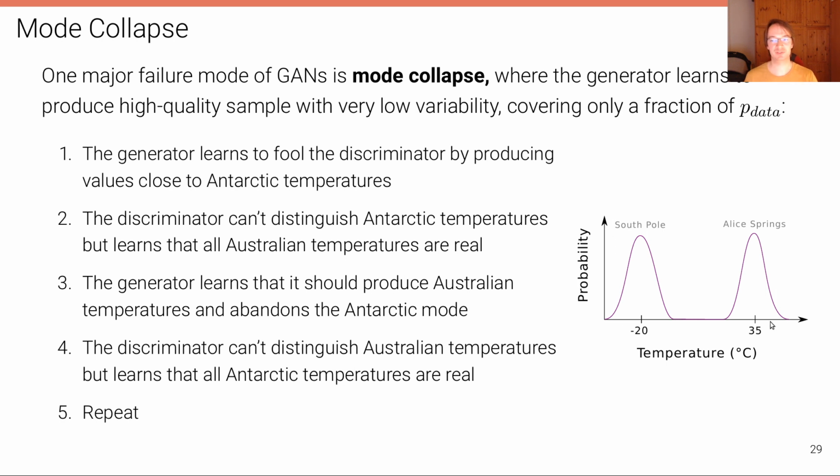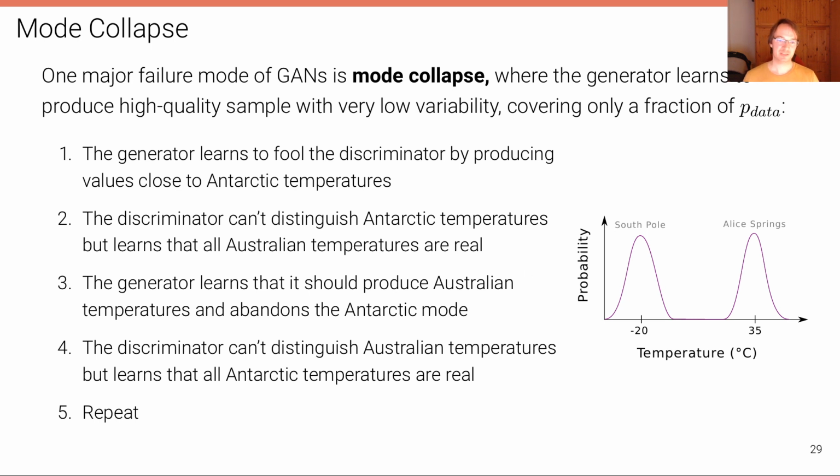We're measuring temperatures in Australia, in Alice Springs, and we're measuring temperatures at the South Pole. And so we obtain a bimodal probability distribution like this. Now, let's assume in the beginning the generator learns to fool the discriminator by producing values close to Antarctic temperatures. So it produces values close to that mode here.